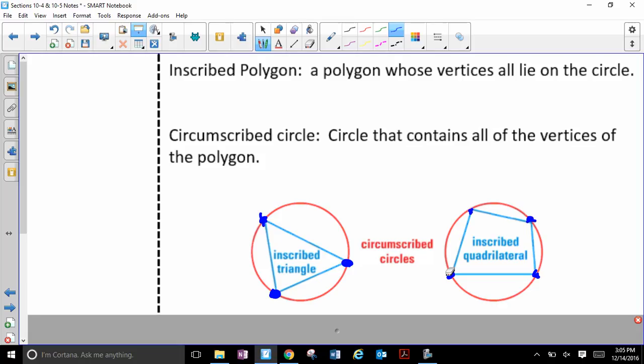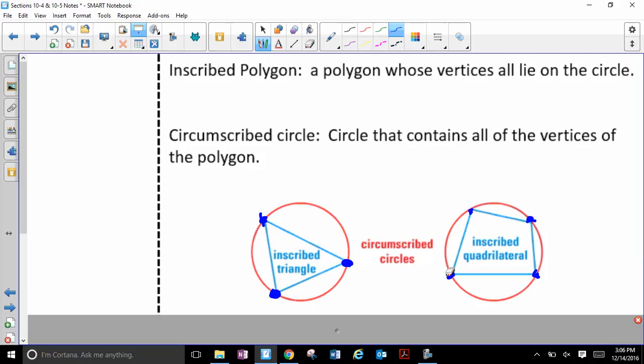Okay. A circumscribed circle is the circle that contains all the vertices of that polygon. So my red circles here are circumscribed circles because they contain all of the vertices of whatever shape you want to put in there. You could put a pentagon in there, you could put a hexagon, whatever you want.